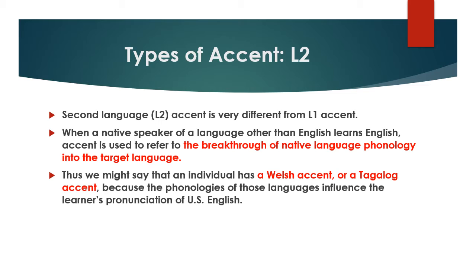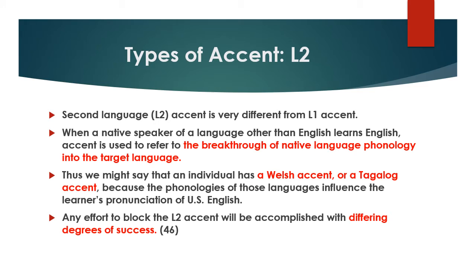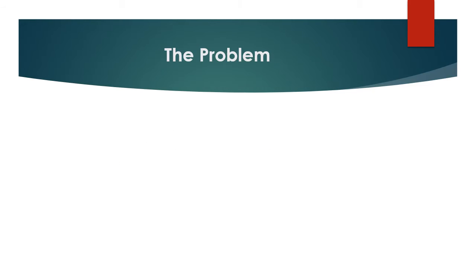So a person who speaks Spanish primarily, but learns to speak in English, their Spanish language phonology will have an impact on how that person speaks in English, right? So a lot of people can control this accent, but not many have good successes really, and we'll talk about those things here in this chapter.